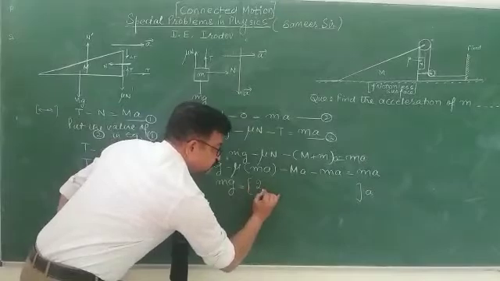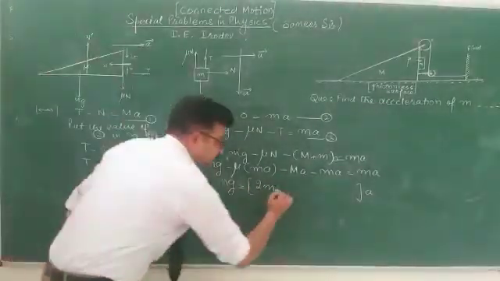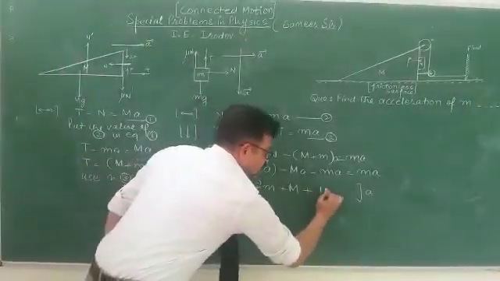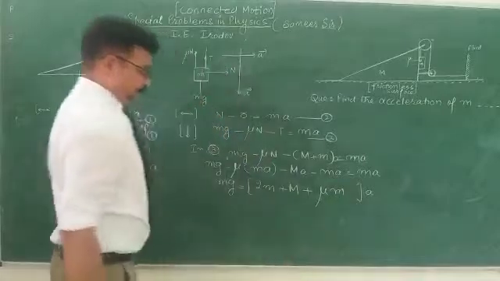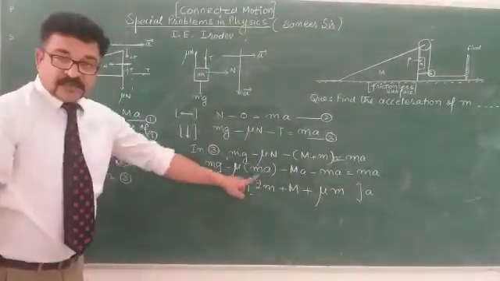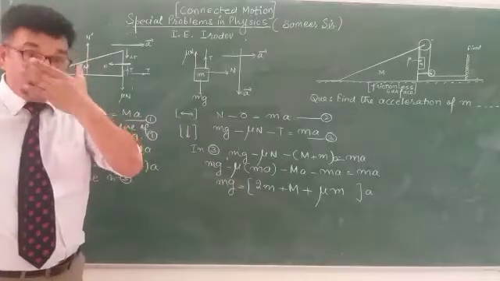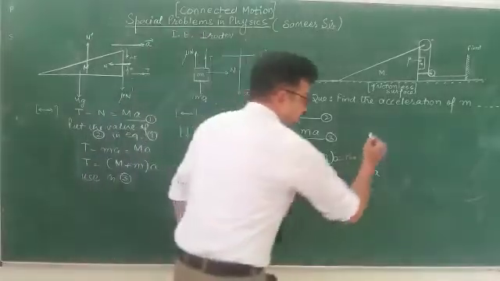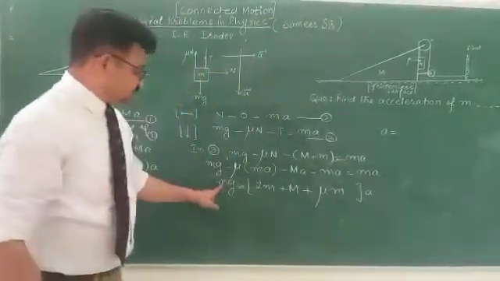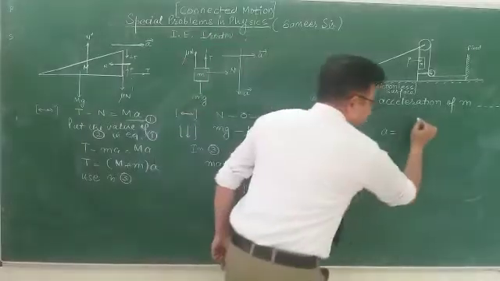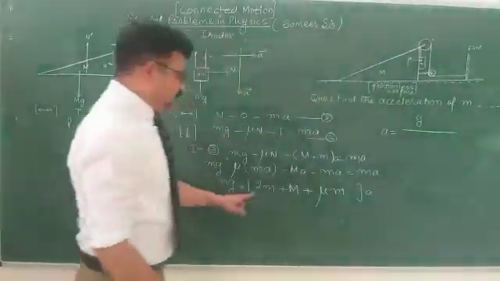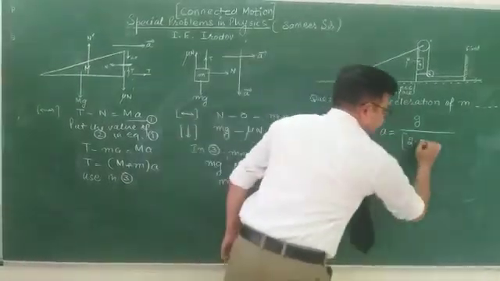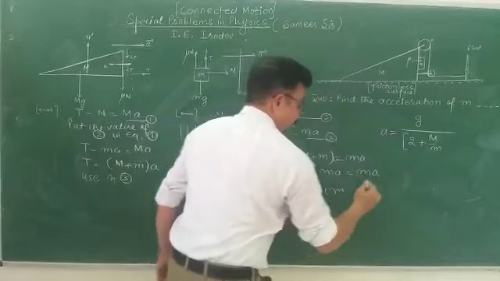You will get the value of 2m, you will get the value of capital M, and you will get the value of mu times small m. If we calculate the value, if you want the value of small a, let us divide the whole equation by small m. The acceleration of the system will be g divided by 2 plus M by m plus mu.